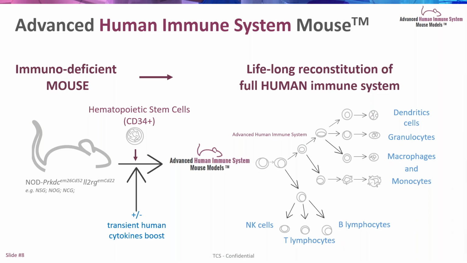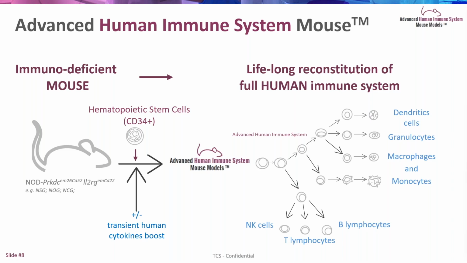So let's discuss the science and the humanized mice model. What is a humanized mice model? It's an immunodeficient animal with 3 mutations, NOD SCID IL-2 receptor gamma mutation. Those mice do not have any B, T, and NK cells from mouse origin and are very good recipients for engrafting with hematopoietic stem cells.